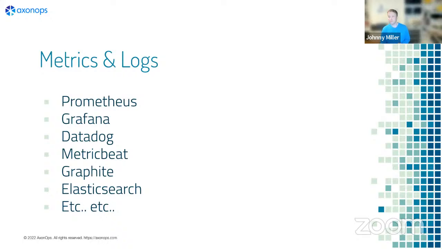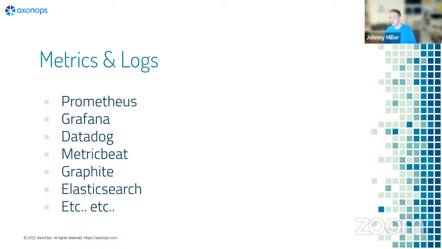Now, prior to AxonOps, if I was going in to deploy a Cassandra cluster, once I've deployed Cassandra into production, I also have to put everything else in there to make sure that Cassandra is happy and being looked after. So, popular tools, Prometheus, Grafana, I love these tools. I use them all over the place. If I was going to use Prometheus with Cassandra in a simple way, I would install the JMX exporter, the node exporter.